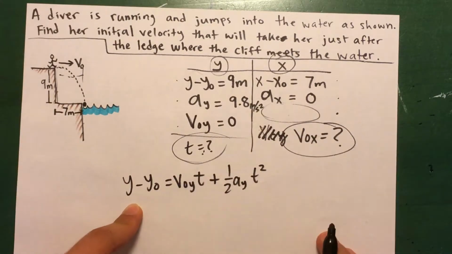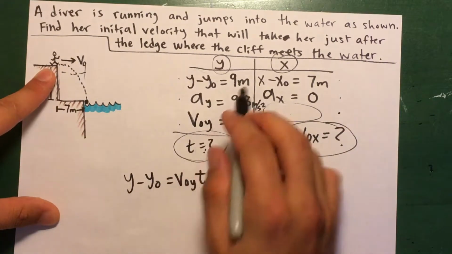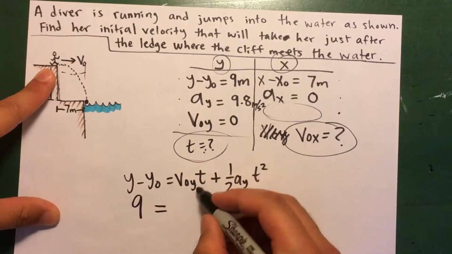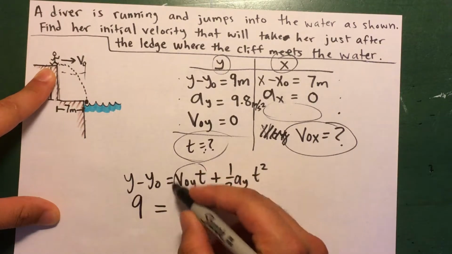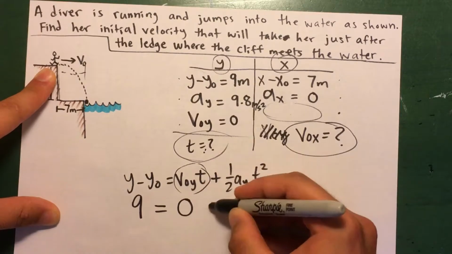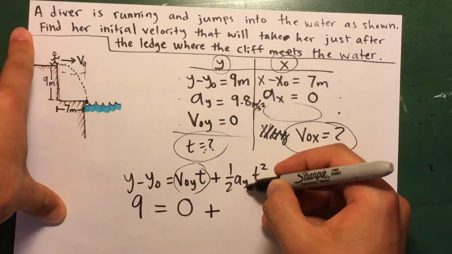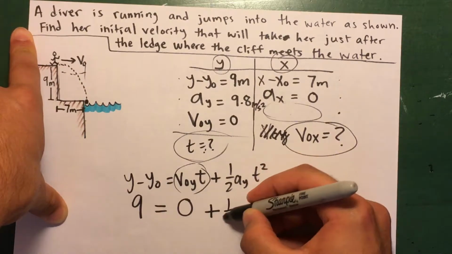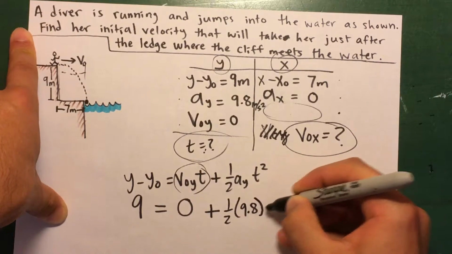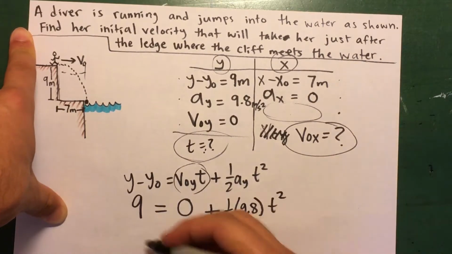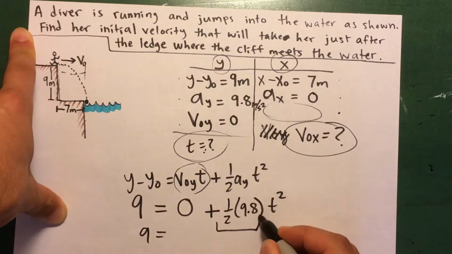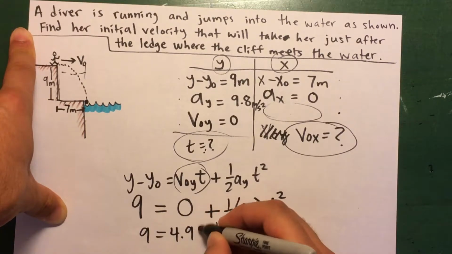Plugging in what we have, 9 is equal to 0 for v0y, which makes that term 0, plus a half times 9.8 times t squared. So 9 is equal to 4.9 t squared.